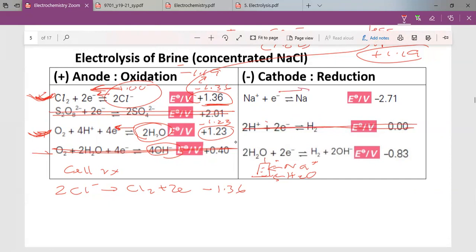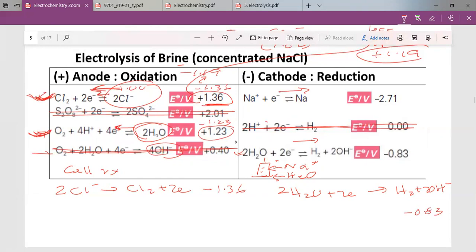Remember, it's going forward here. This is minus 2.71. This is minus 0.83. It won't go forward, but it's easier. So this is picked. So here it will be water, 2H2O plus 2e to give you what? H2 plus 2OH minus, which is minus 0.83.